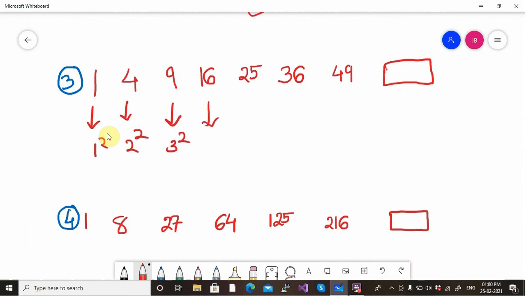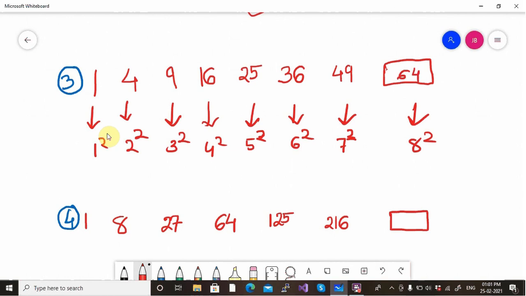Like this, 16 is 4 square, 25 is 5 square, and 36 will be 6 square, 49 will be 7 square. Obviously it will be 8 square, right? 8 square will be 64. It was a very easy question.